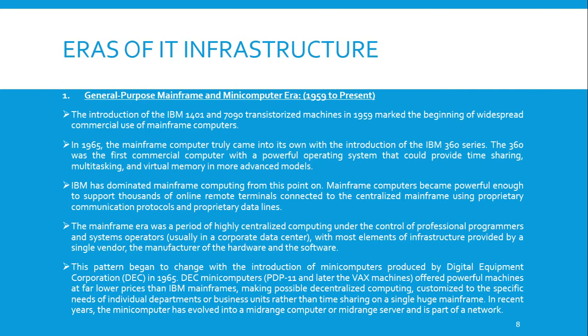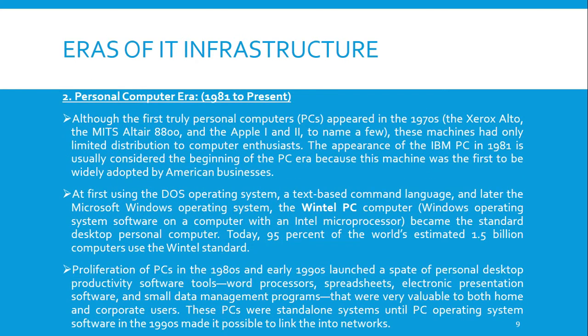The companies preferred using several minicomputers to serve the needs of each of their departments or each of their regional head offices. So that is why these minicomputers became popular. The second era of IT infrastructure was the introduction of personal computers.